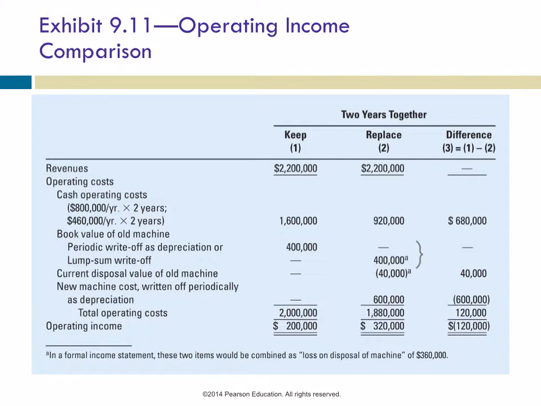The current disposal value of the old machine of $40,000 basically goes to reduce the cost of the replacement, because whatever it costs to replace with the new machine, you're going to take some money out of that for basically the trade-in value that you got from the old machine.